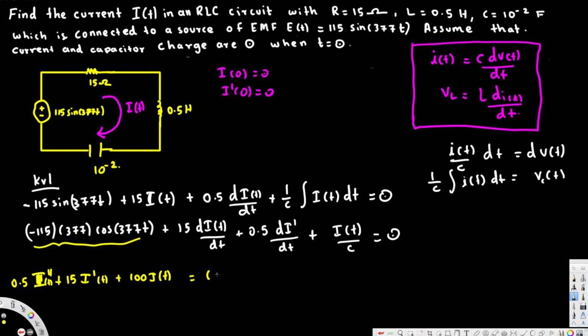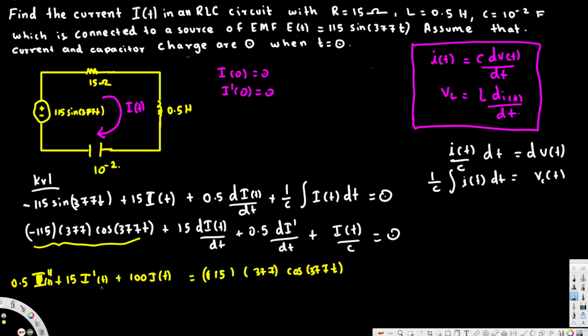So we are going to have 115 times 377 cos 377t. Okay, so this is what we are going to have, and that's it for this one.